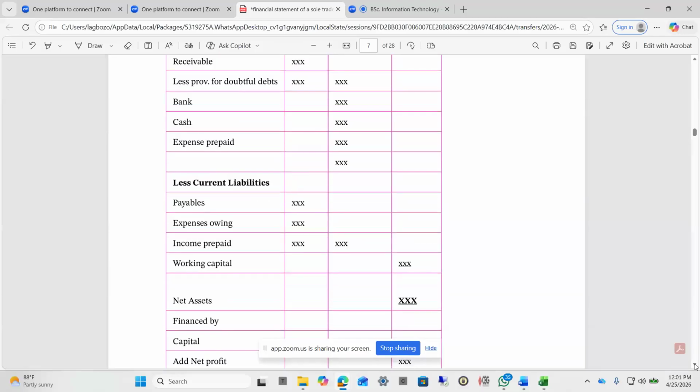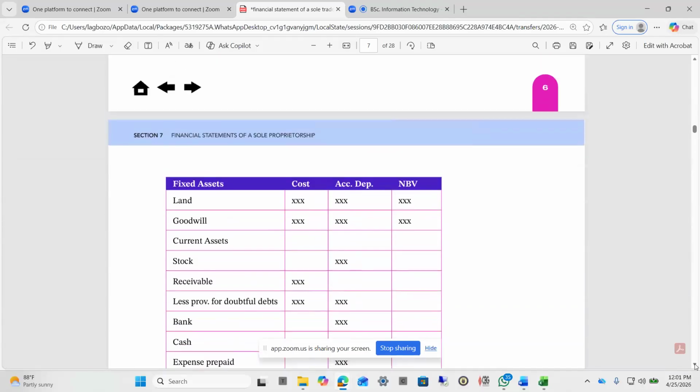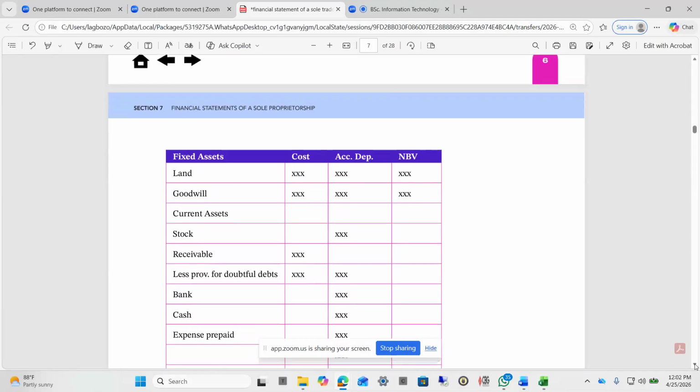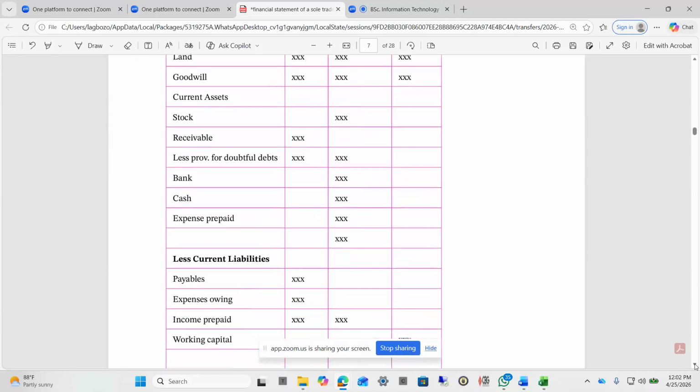Yes, sir. Now, there is also what we call current liabilities. The current liabilities are the people and the things that we are owing and would have to pay within 1 year. And those things are accounts payable. Accounts payable is when we buy something from somebody on credit and we haven't paid.